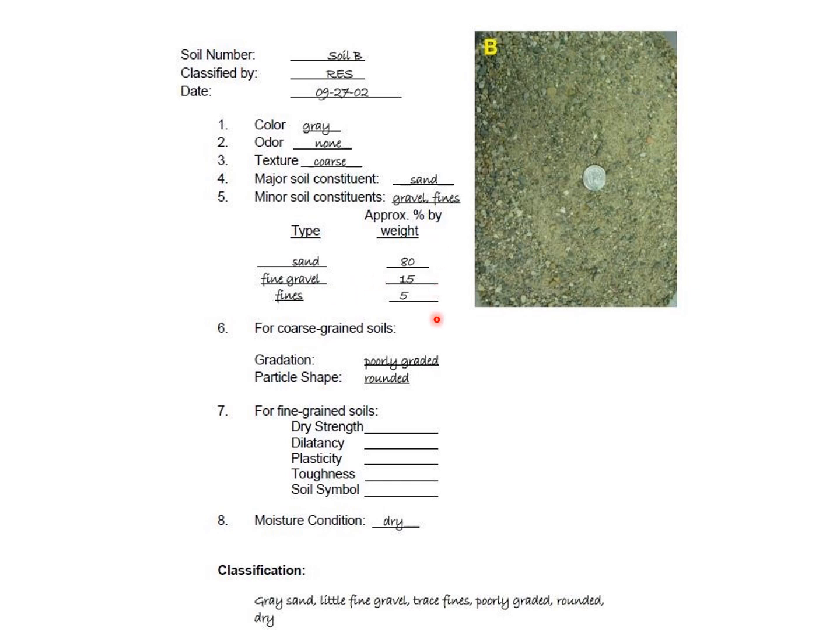Then the gradation is poorly graded, the particle shape is rounded, and the moisture condition is dry. Look at the description given: gray sand, little fine gravel, trace fines, poorly graded, rounded, dry. You will have to use these terms for this soil.